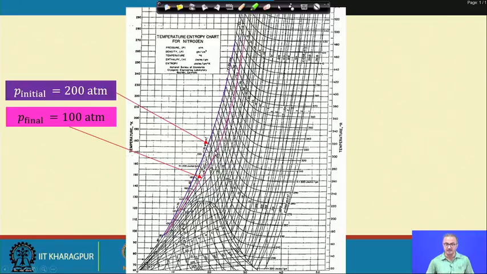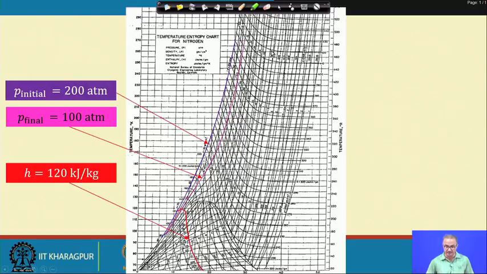First we locate these two isobaric lines on the TS diagram, and then we locate the enthalpy given in the problem, that is 120 kilojoule per kg. This is the isenthalpic line.